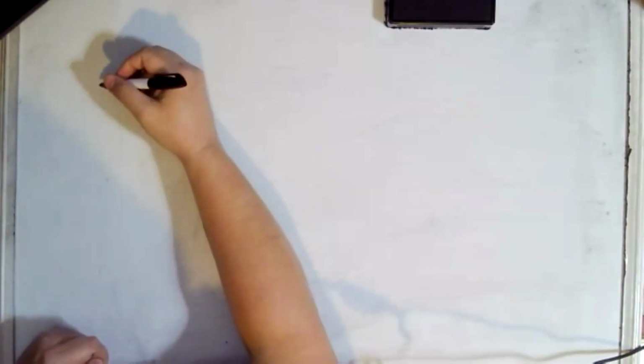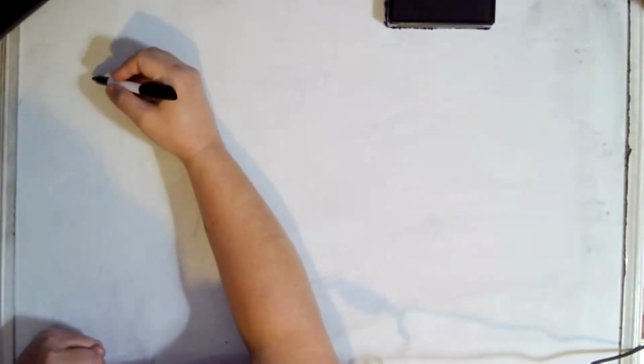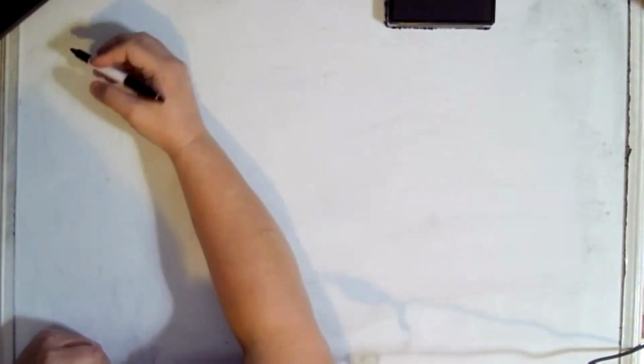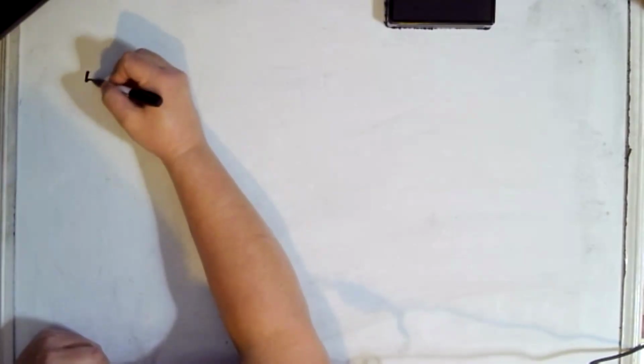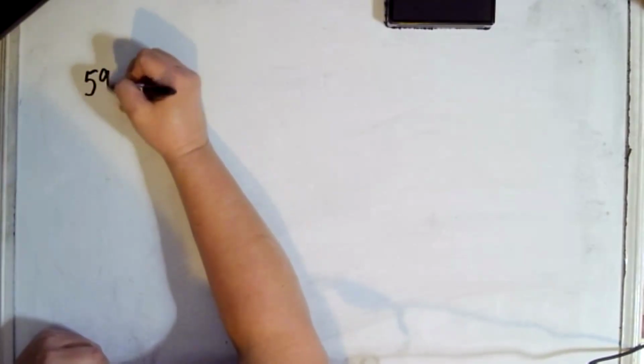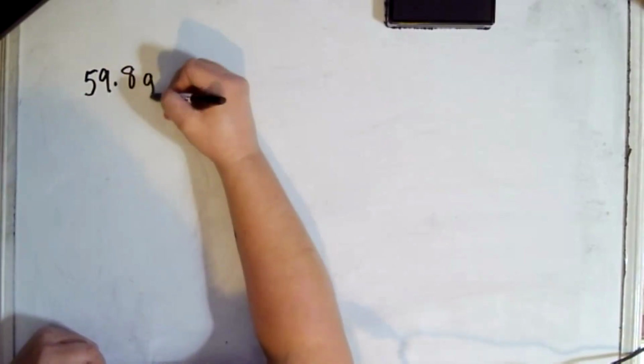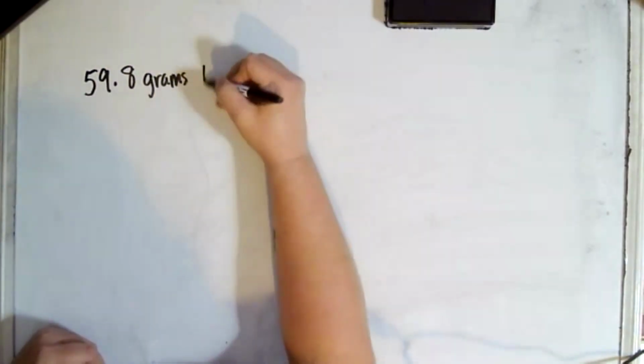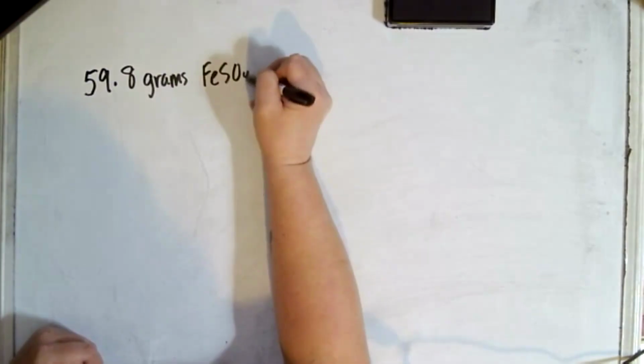A sample of FeSO4 has a mass of 59.8 grams. So we have 59.8 grams of FeSO4.